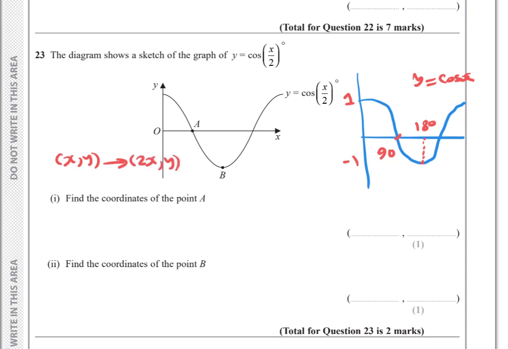So point A will be 90 multiplied by 2, so 180, and the y coordinate is still 0, the same. So 180 and 0. Now for this point B, multiply x by 2, so 180 times 2 equals 360, and the y coordinate is the same, which is negative 1. So 360 and negative 1.